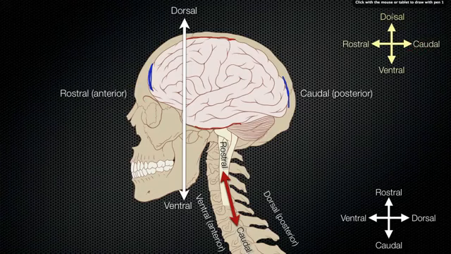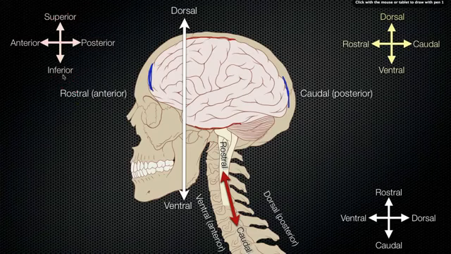Caudal towards the back, dorsal towards the top, and ventral towards the bottom of the brain. However, when it comes to superior and inferior, that stays the same. Superior means towards the top of the brain. Inferior means towards the tail or coccyx. So in other words, going towards the bottom. Anterior is always front, and posterior is behind.